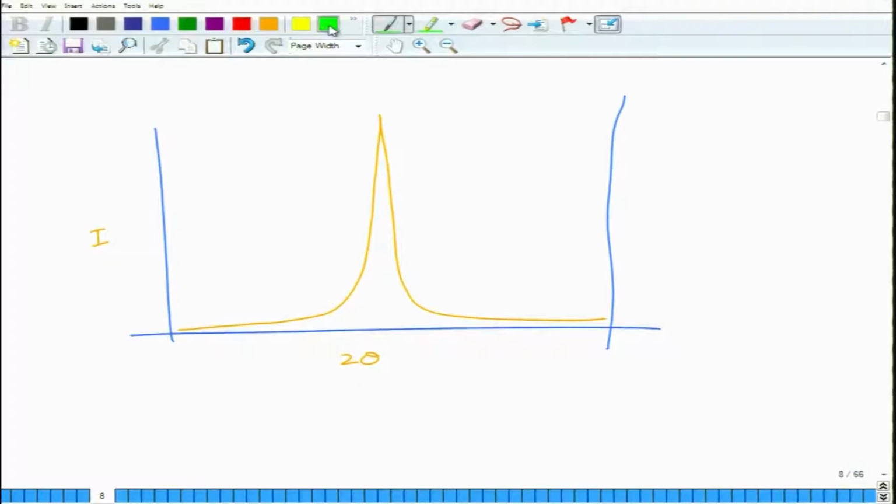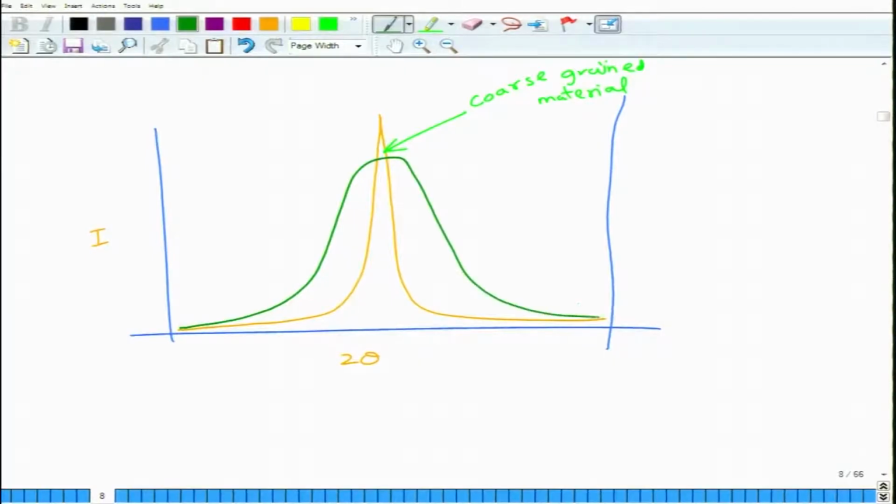So, this is for instance for a coarse grained material, whereas this would be for a fine grained material.